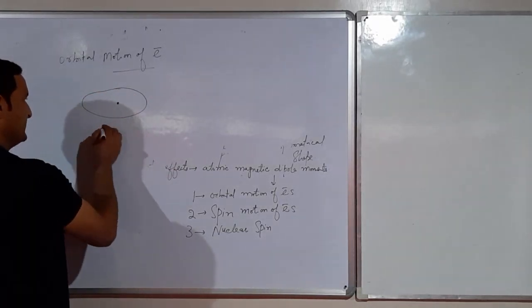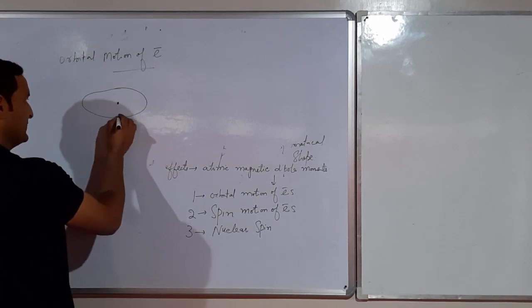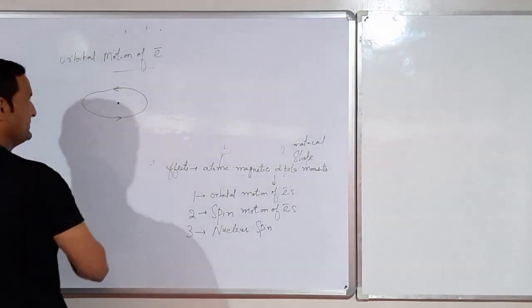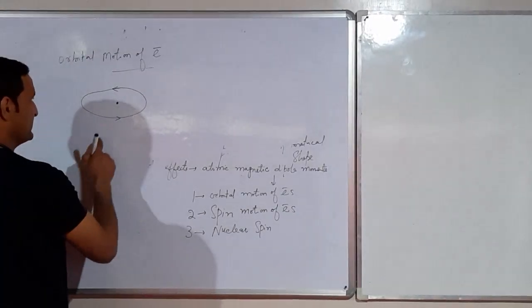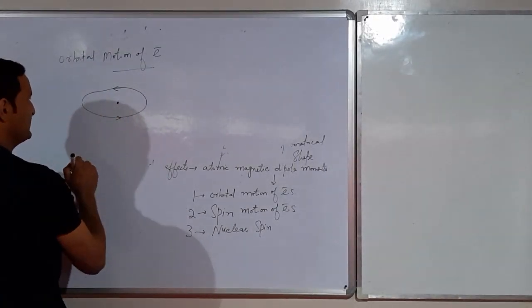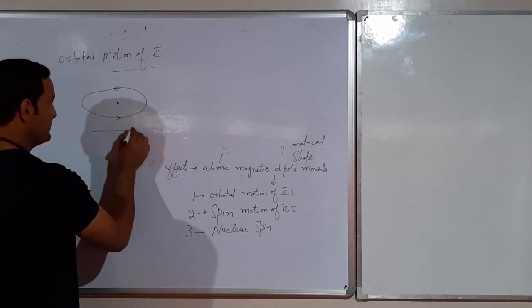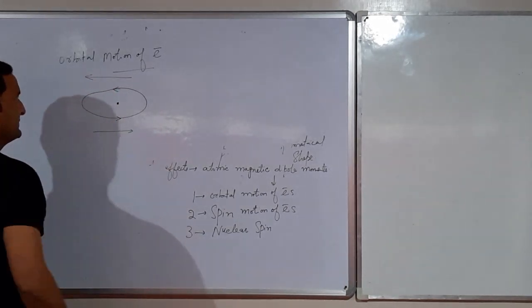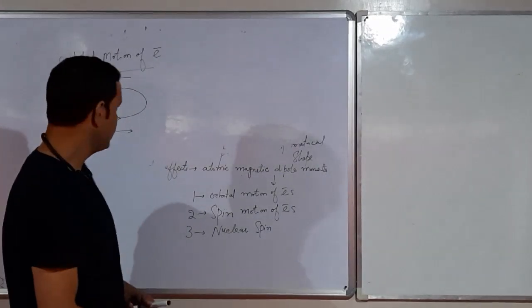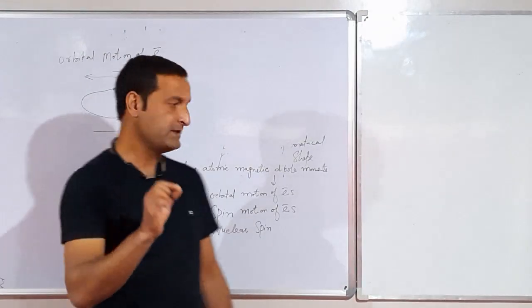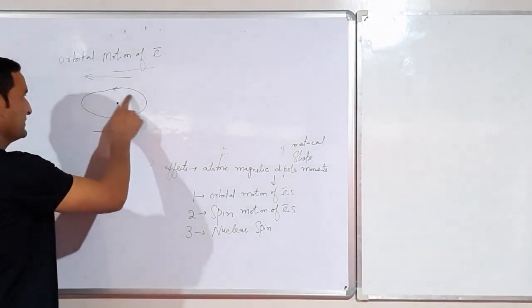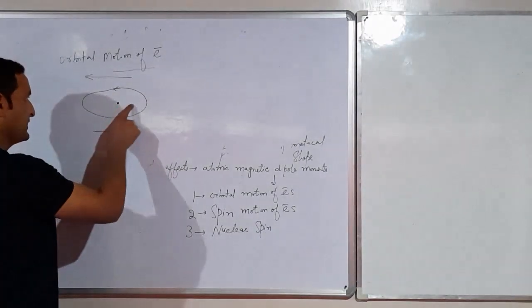The direction of motion at these two points will be opposite. So this is like a current-carrying loop; it is equivalent to a current loop.